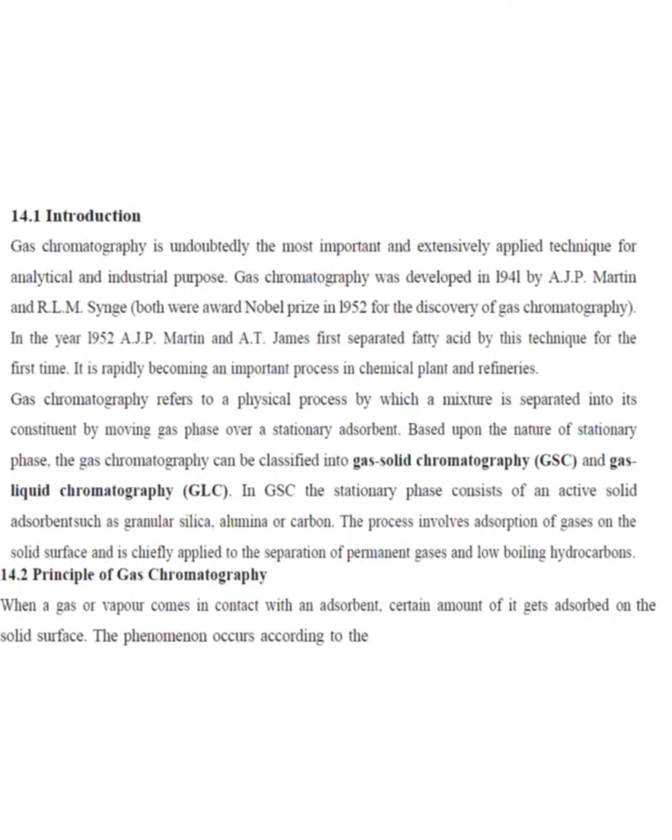It is widely used in the industry. There are two types of gas chromatography, known as gas solid chromatography and gas liquid chromatography. In gas solid, gas acts as the mobile phase and solid acts as the stationary phase. In gas liquid chromatography, gas acts as the mobile phase and liquid acts as the stationary phase.